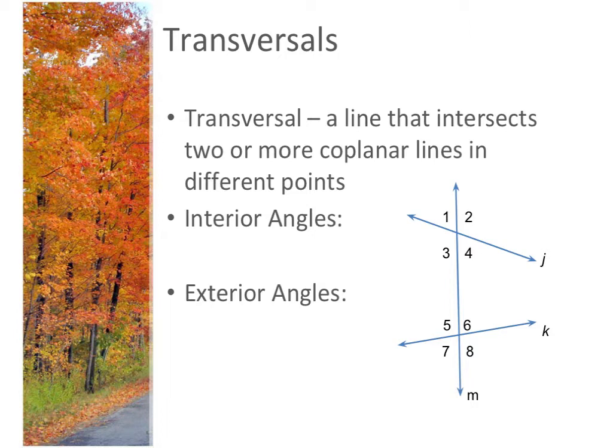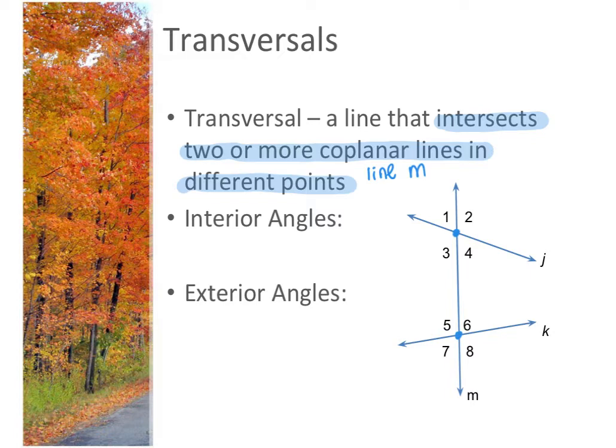All right, transversals. A transversal is a line that intersects two or more coplanar lines in different points. So let's go ahead and highlight two or more coplanar lines in different points. Our transversal would be line M, because it has two intersections.